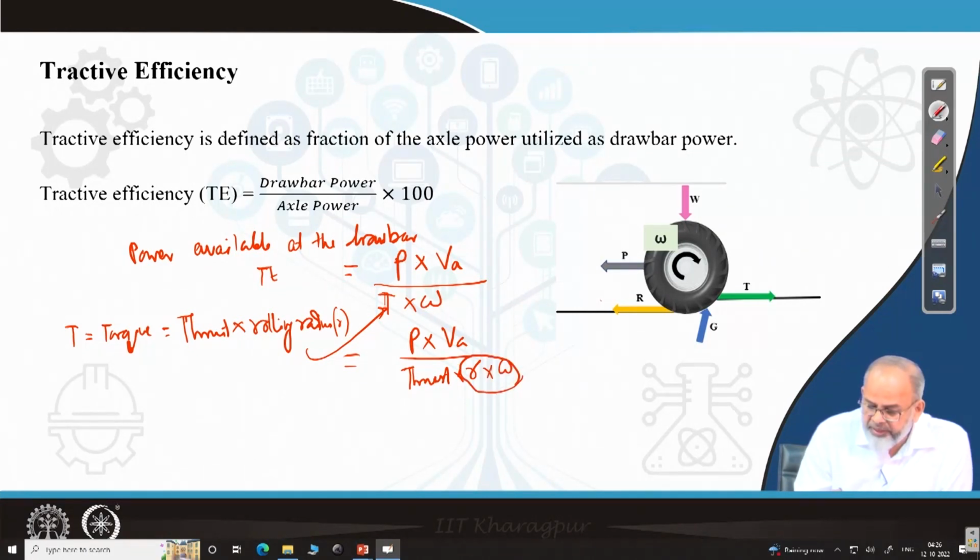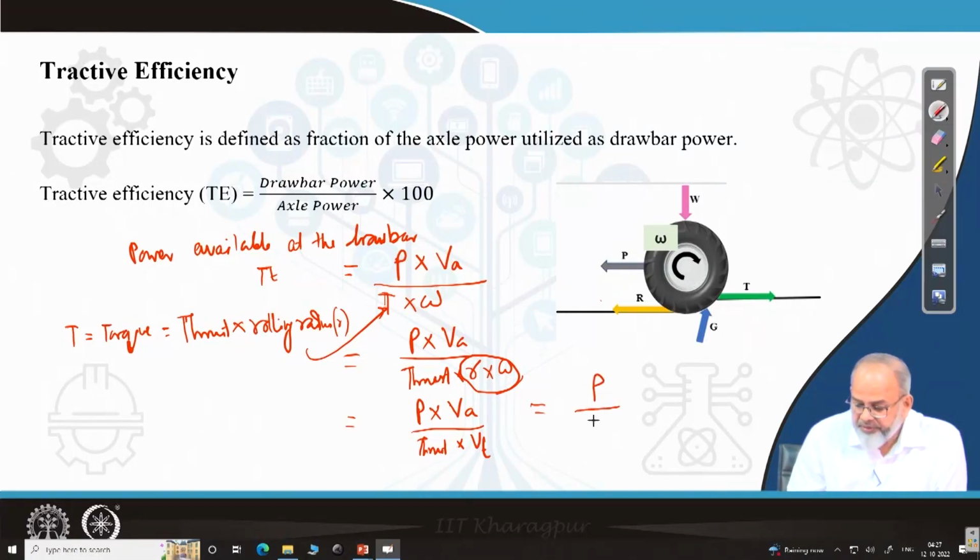This omega R is nothing but your theoretical speed. If omega is the angular speed, multiplied by the rolling radius, that gives you the speed. So P into VA by thrust into VT, the theoretical speed.